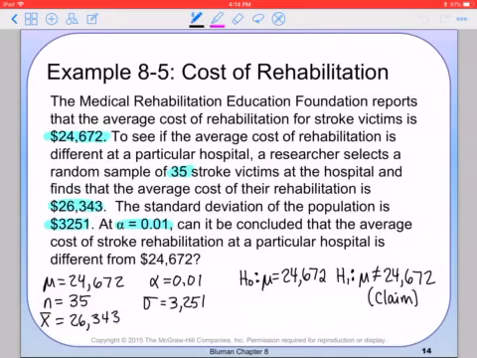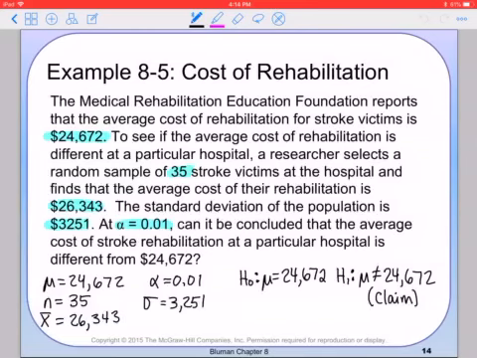So if you remember, we looked at all the variables and figured out what they would be labeled. Then we found the null hypothesis, which is the average population, and then the alternate hypothesis. And since it's saying that they want to know if it's not average, if it's different from average, that's why we have our claim there for the alternate hypothesis.